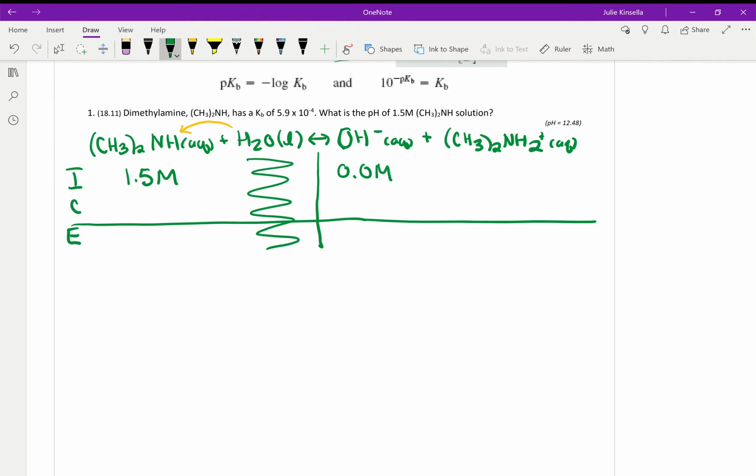So we're just going to start it at 0. And then we have 0 to start of the cation. Based on the direction that has to proceed towards equilibrium, the reactant side is going to have minus 1x, and based on the balanced equation, our products are going to be plus 1x. So we can combine our expressions.